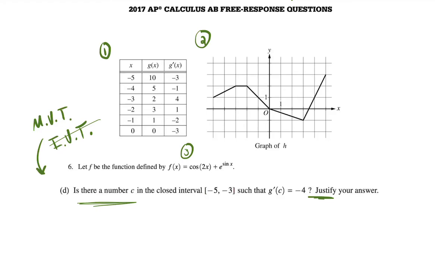One thing I'm realizing I left out, but I don't want to go back and redo all this. There's a section up at the top where they say g of x is differentiable on -5 to 0.